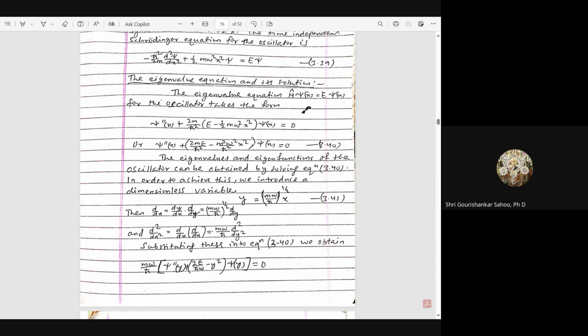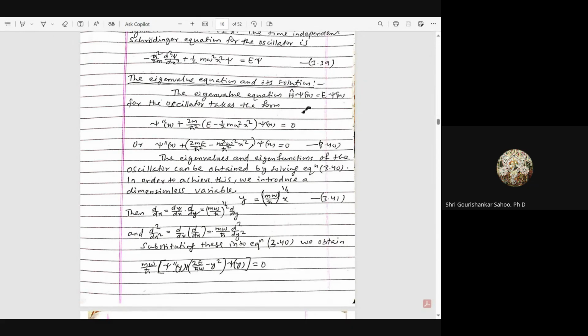Now you can write d by dx, which is nothing but dy by dx into d by dy, equals square root of m omega by h cross times d by dy. And d square by dx square equals m omega by h cross times d square by dy square.